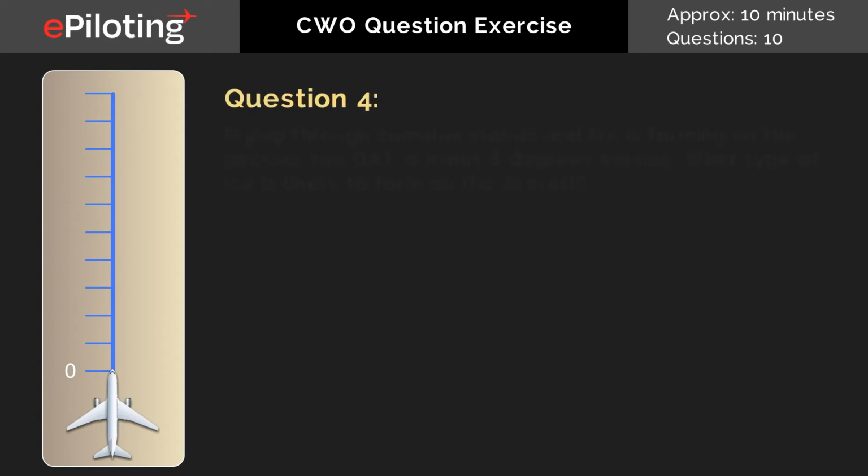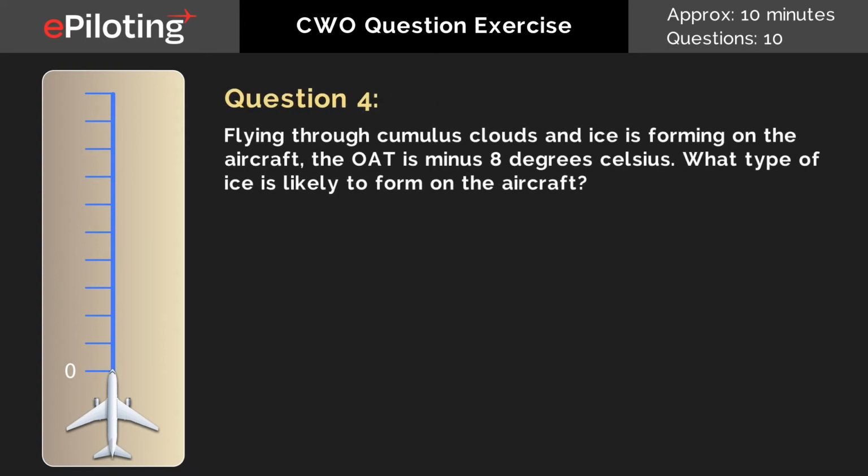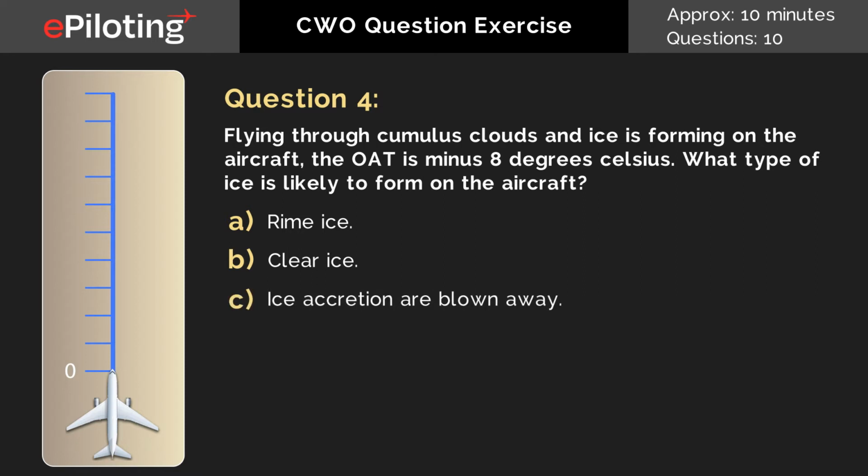Question 4. Flying through cumulus clouds, and ice is forming on the aircraft, the OAT is -8 degrees Celsius. What type of ice is likely to form on the aircraft? A. Rime ice. B. Clear ice. C. Ice accretion are blown away.